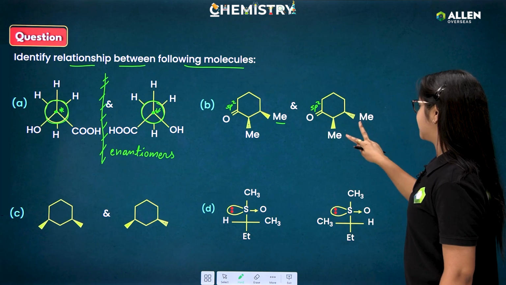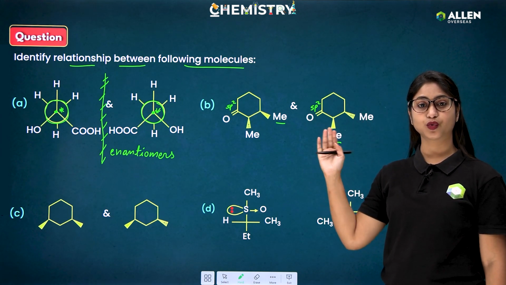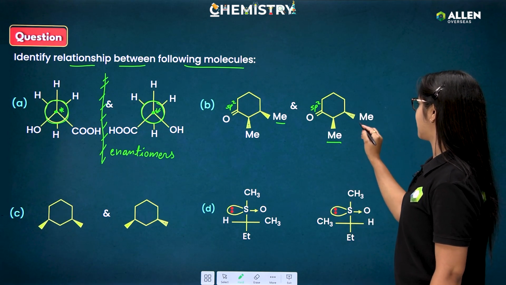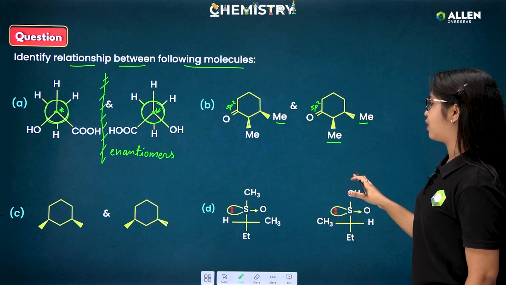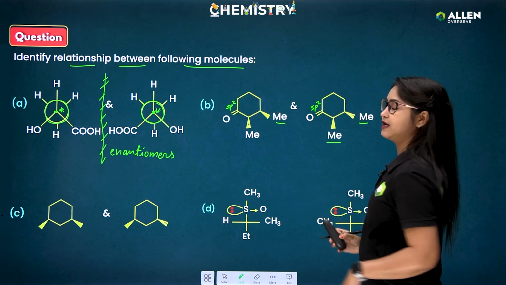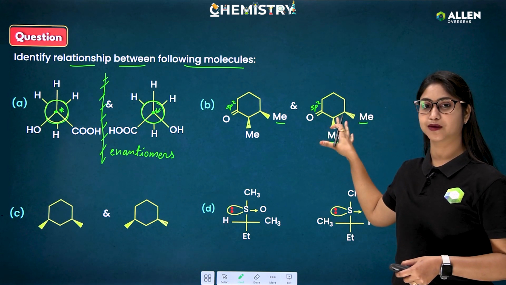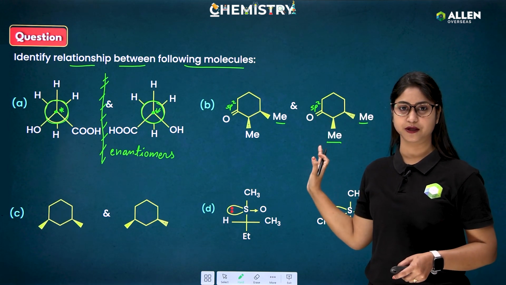But this methyl has come towards the observer, and the other one is away from observer. So now if I just place one mirror in front of this molecule, then I will get exactly this compound. So they are mirror images of each other, right?